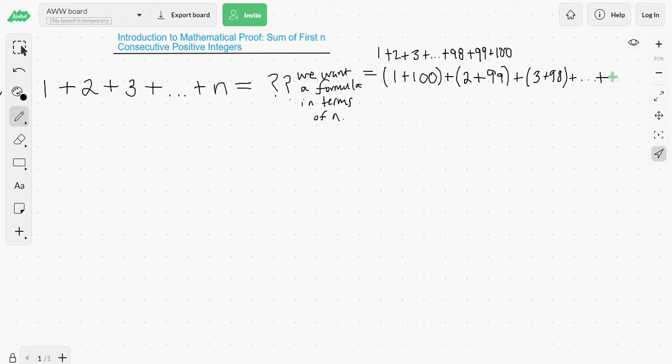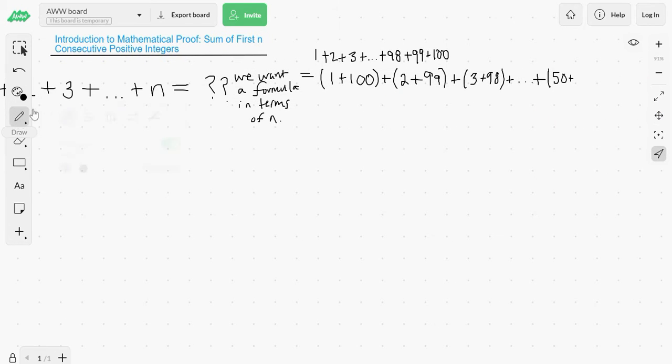Let's say it ends with 50 plus 51. That's where the numbers are going to meet in the middle, so I will write that in. Okay, now let's take a closer look at this. Well, 1 plus 100 is 101. 2 plus 99 is 101. You probably guessed that for each of these pairs we're going to get 101. So I'll write that.